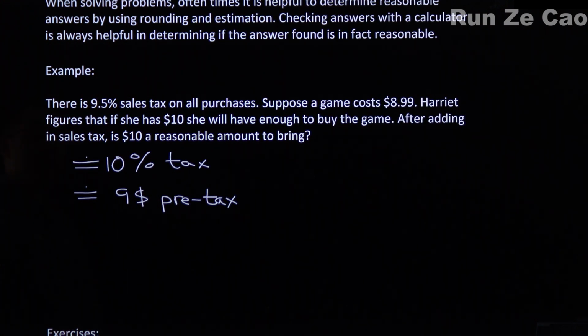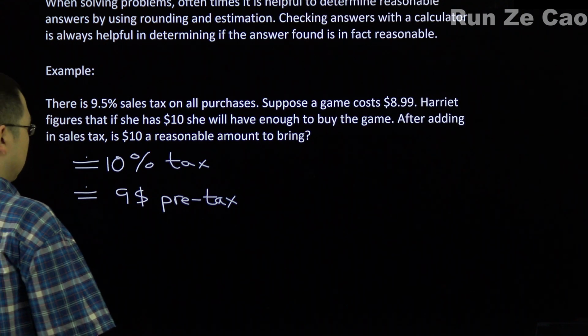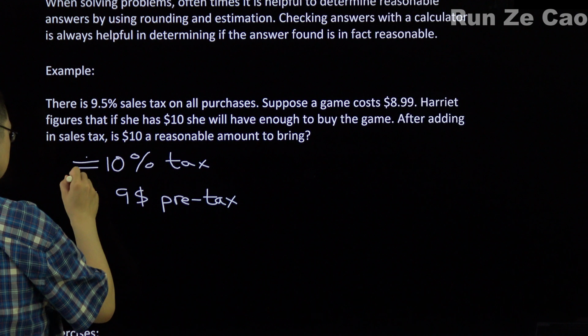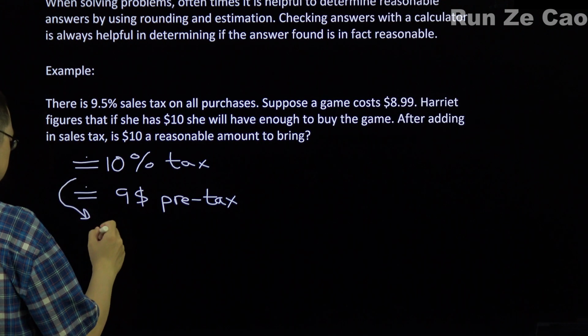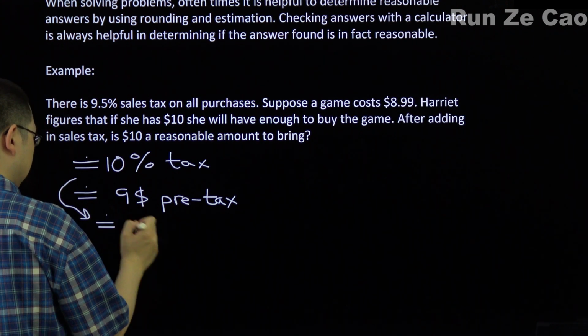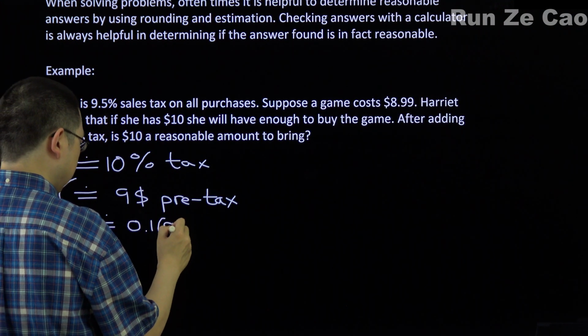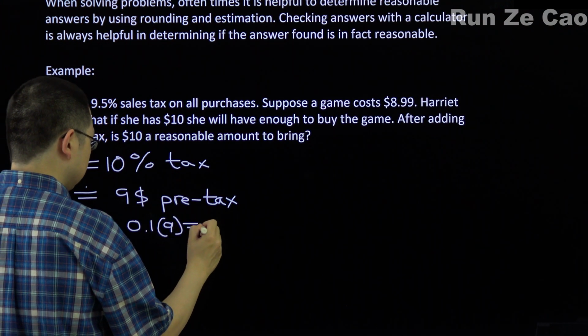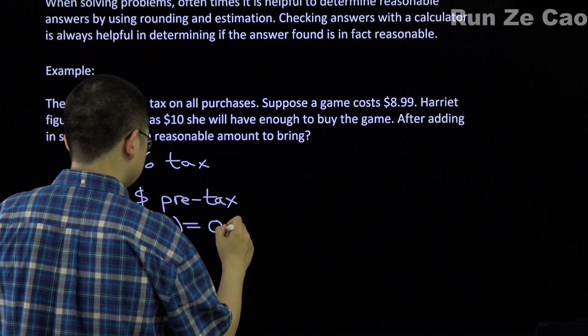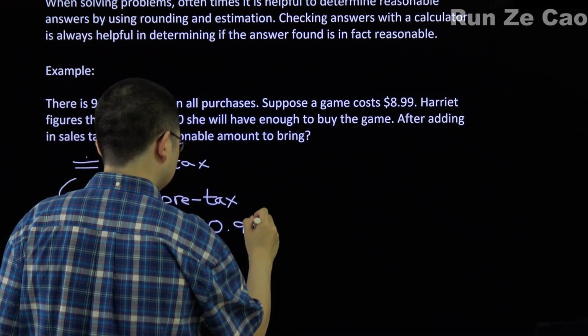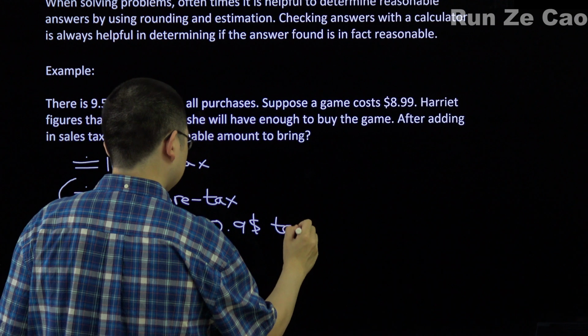After adding in sales tax, is $10 a reasonable amount? Okay, so together, that's going to be approximately 0.1 times $9, which is equal to $0.9 tax.